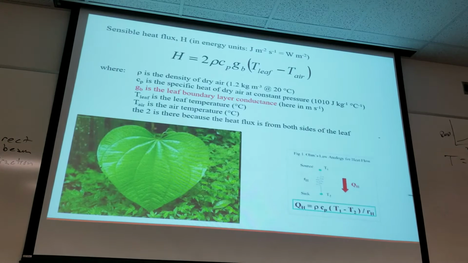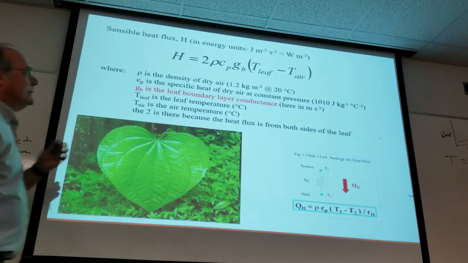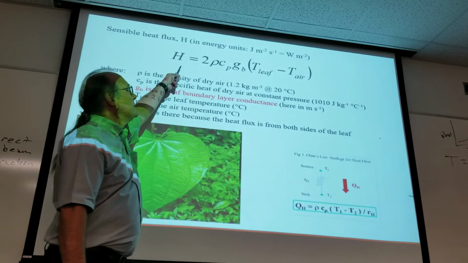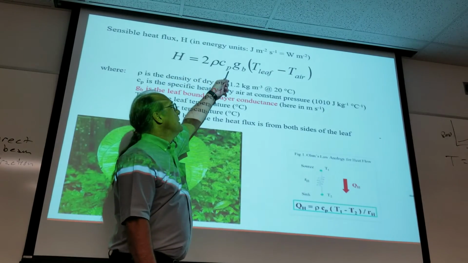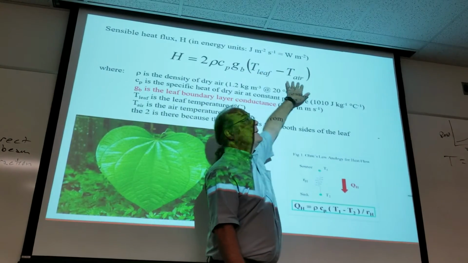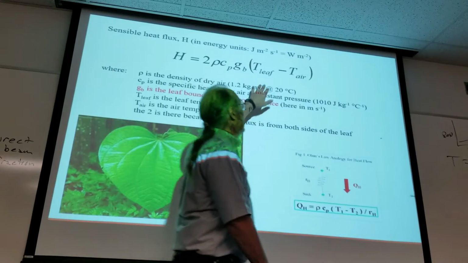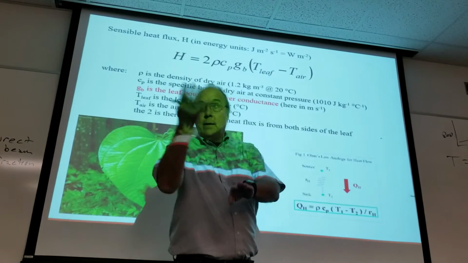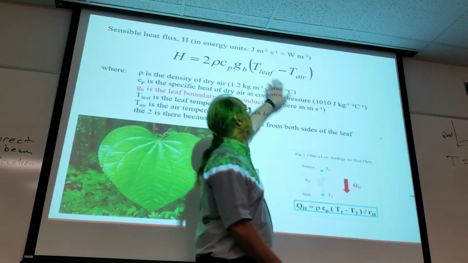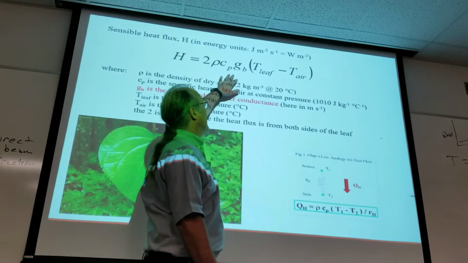So let's consider the sensible heat flux term. These are in energy, watts per square meter. Sensible heat flux is 2 rho Cp Gb times the difference in temperature between the leaf and the air. All right, so this difference in temperature is driving that sensible heat flux. And here we've got some proportionality things.